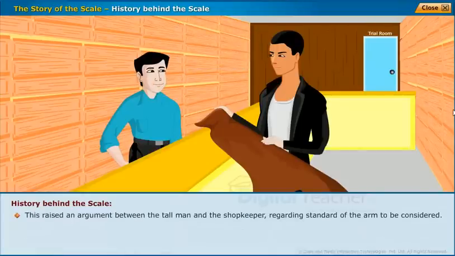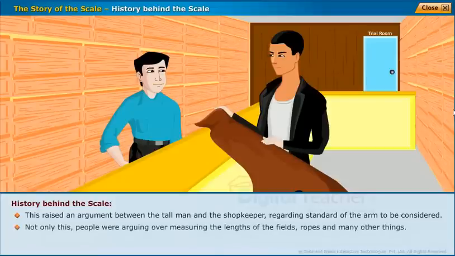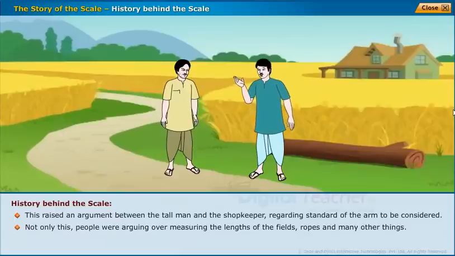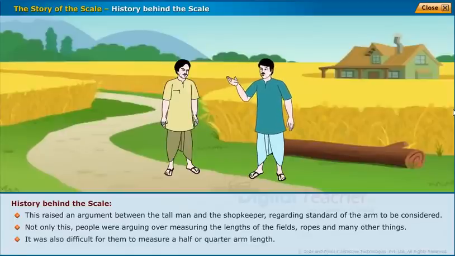This raised an argument between the tall man and the shopkeeper regarding standard of the arm to be considered. Not only this, people were arguing over measuring the lengths of the fields, robes and many other things. It was also difficult for them to measure a half or quarter arm length.